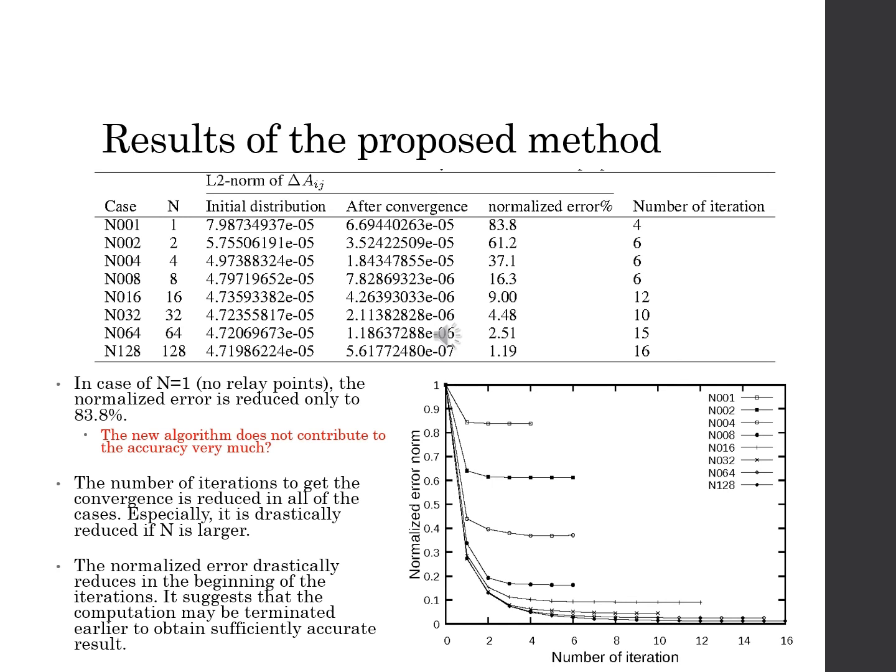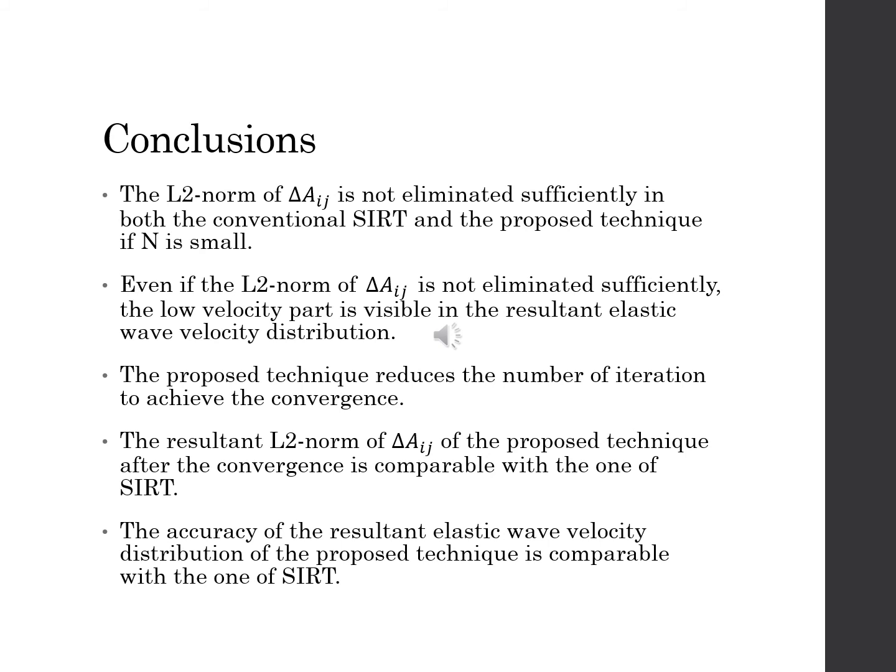So, with the proposed technique, there is a possibility that we can quit the iterative calculations early, even when we hope to get an accurate result. This is the improvement of the proposed technique, and the change of the algorithm would contribute to accelerating the calculation. This is the conclusion that I could get in this study.